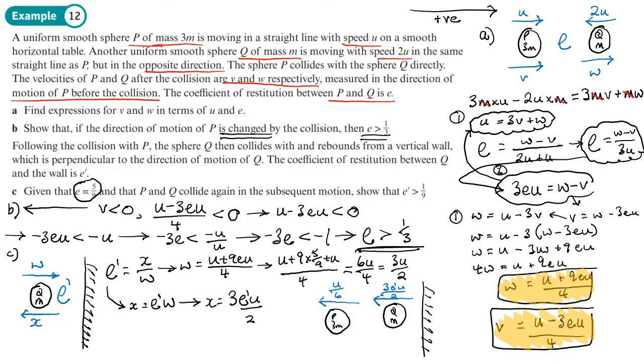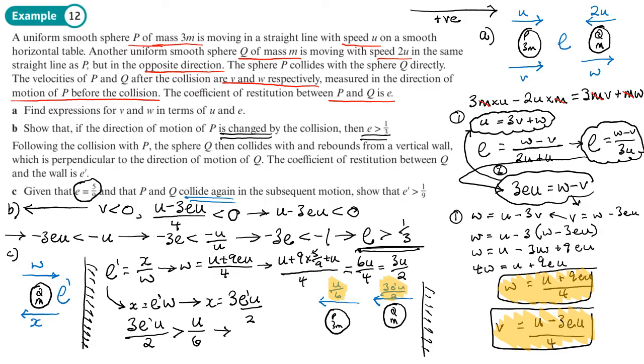Now it says that they collide again. For them to collide again, it means that this velocity, the 3E dash U over 2, has to be greater than this velocity, so we're almost there. So for a second collision, 3E dash U over 2 needs to be greater than U over 6.